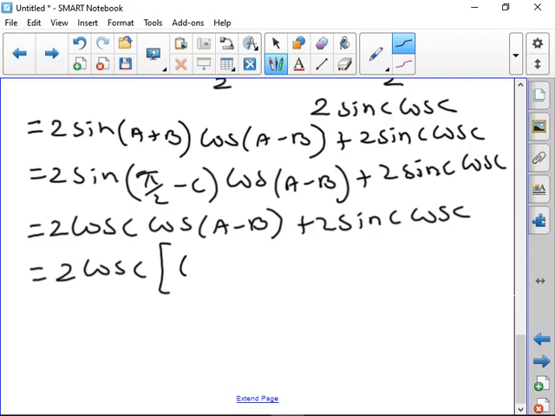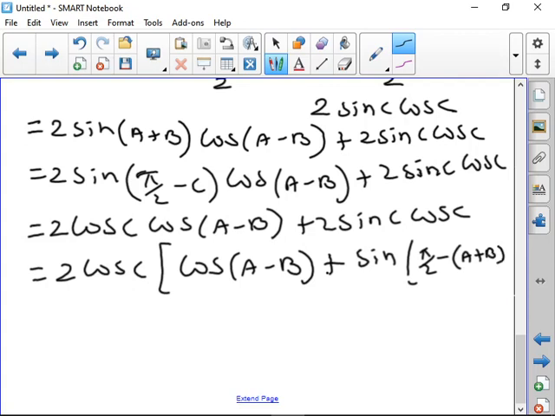Now we take it outside. So what you get? Cos (A-B) plus what is remaining? Sin C. So sin C can be written as sin of pi by 2 minus (A+B).